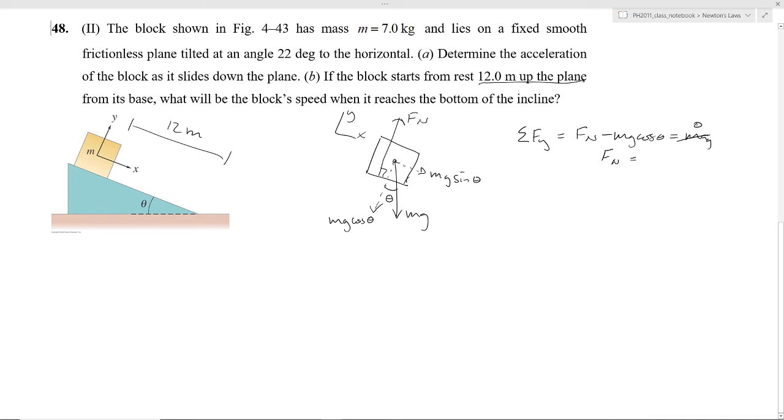But just to practice here, this is telling us that the normal force is mg cosine theta. And then in the x direction, we're going to have mg sine theta equaling the mass times the acceleration in the x direction. Notice mass is appearing on both sides, so the acceleration is g sine theta.